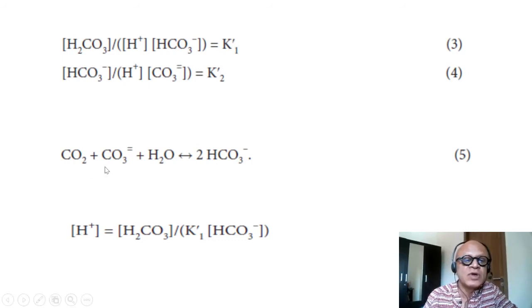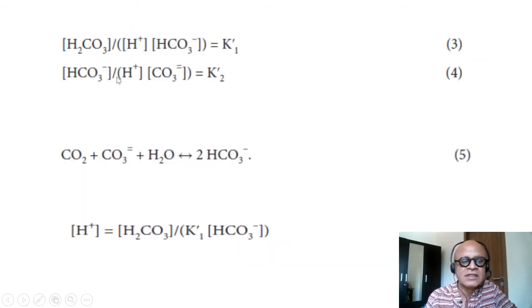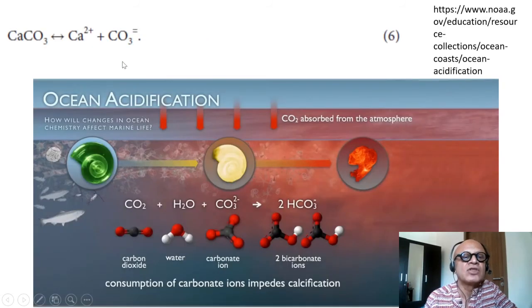Okay, so CO2 interacts with CO3 2- plus water to give us two moles of bicarbonate. The net there can be written for H+, which is our pH control, as the H2CO3 concentration divided by K1 prime from this reaction, and this can be summarized easily: the hungry H+ that is getting released here is going to want to interact with this and is going to split or dissolve calcium carbonate.